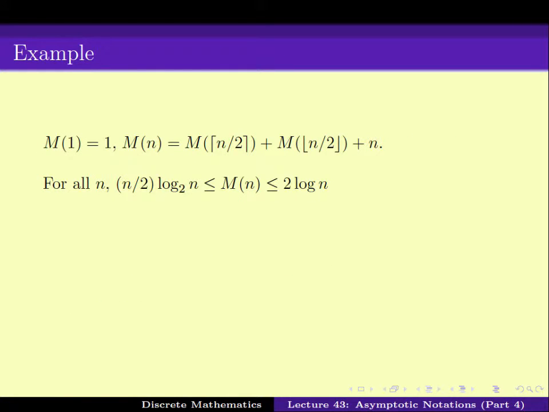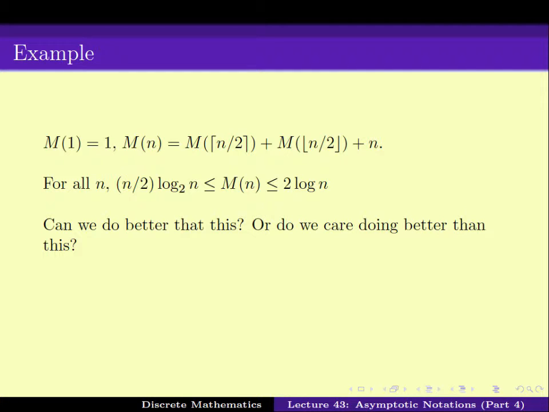So we saw that in such an example, for example, M(n) equals M(floor of n/2) plus M(ceiling of n/2) plus n, where the first one is the floor, second one is the ceiling, instead of getting the exact solution, we can get an upper bound and a lower bound, where the upper and lower bound differ by some constant factor, but that is possibly good enough for us.